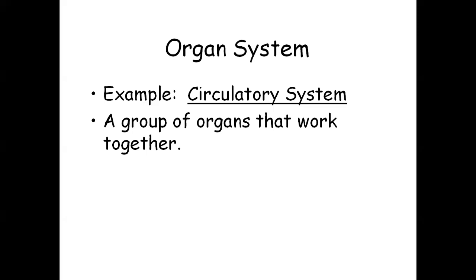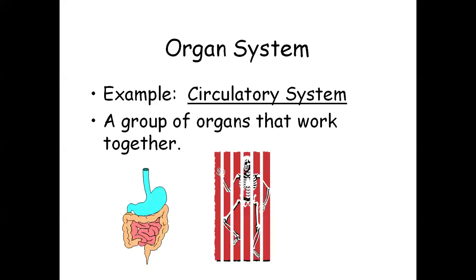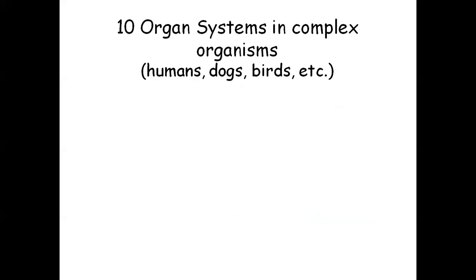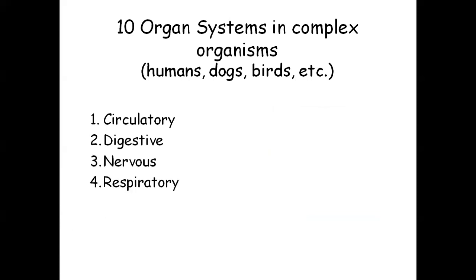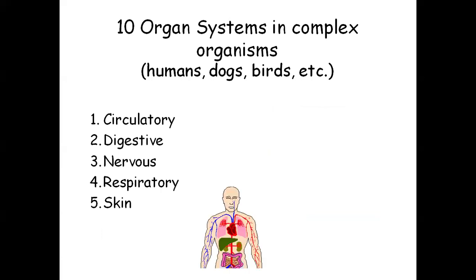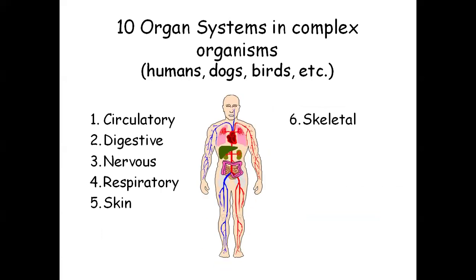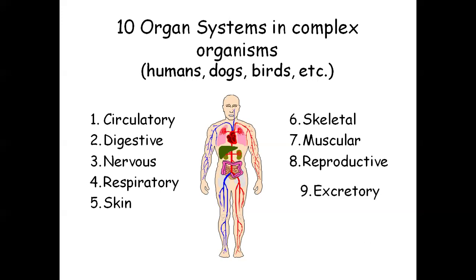Then only the work will be completed without any chaos. Then organ system in complex organism like human, dogs, birds, higher order organism. Almost all have the 10 organ systems and it is listed here.